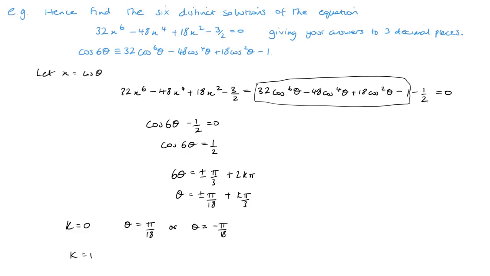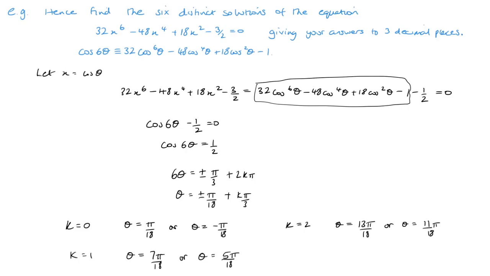Okay, plug in k equals 1, we get theta equals pi by 18 plus pi by 3, which is 7 pi by 18, or theta equals minus pi by 18 plus pi by 3, so it's 5 pi by 18, and then k equals 2, we get theta equals pi by 18 plus 2 pi by 3, which is 13 pi by 18, or theta equals minus pi by 18 plus 2 pi by 3, and that gives me 11 pi by 18.